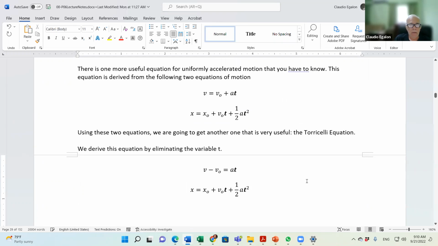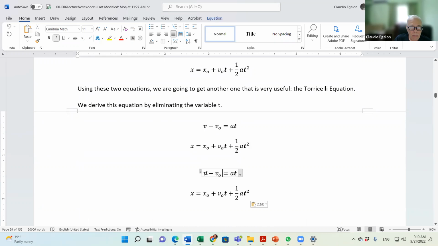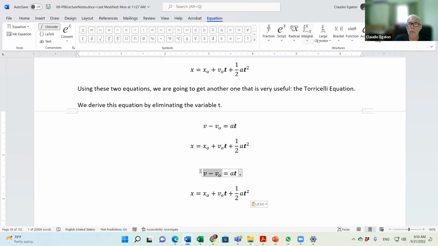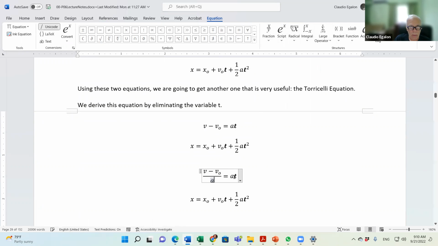I didn't do that yet. I pass the V naught to the other side, right? And now I'm going to pass the acceleration to the other side as well. Here you go.